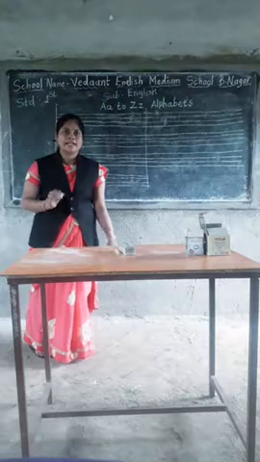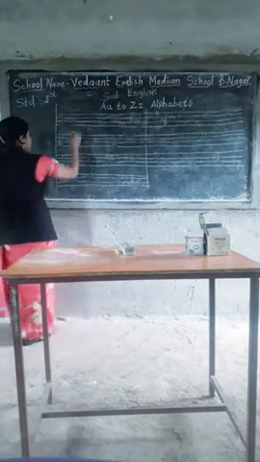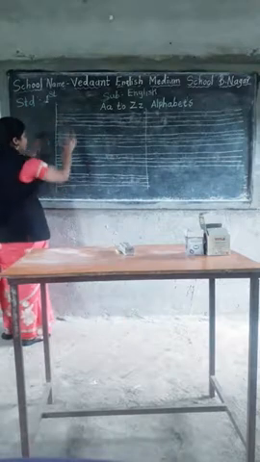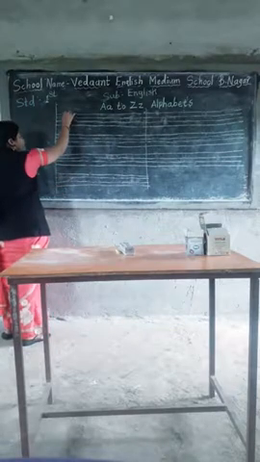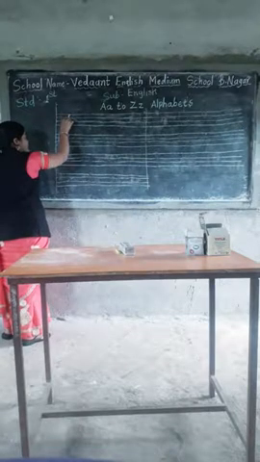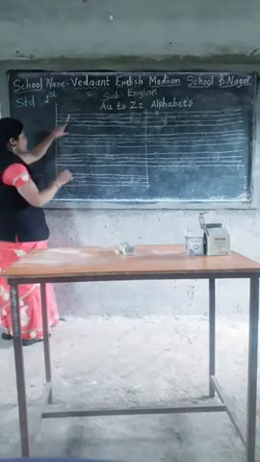So how to write A? Let's see. Look here. These are the four lines 1, 2, 3 and 4. Go to the top and then draw a slanting line.